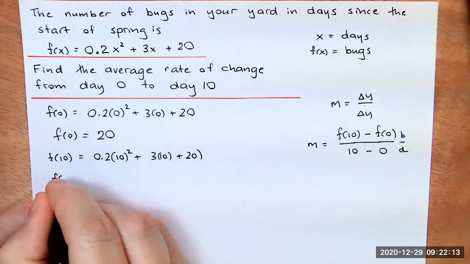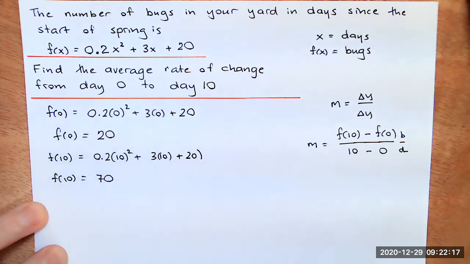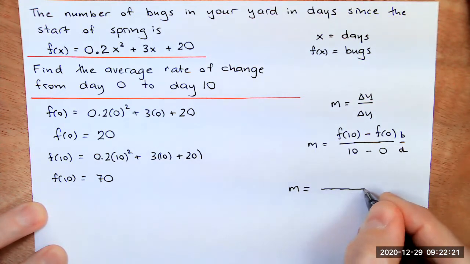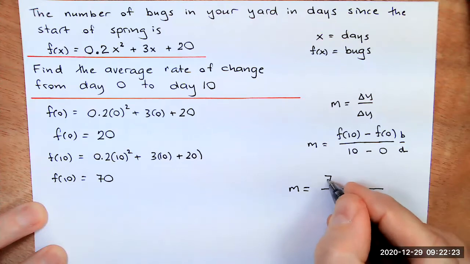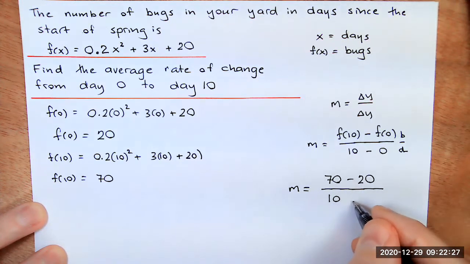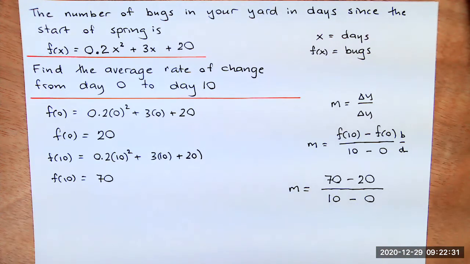On day 10, there are 70 bugs. So my slope is going to be 70 minus 20 divided by 10 minus 0. And that works out to be 5 bugs per day.